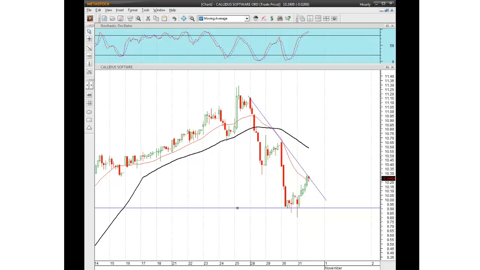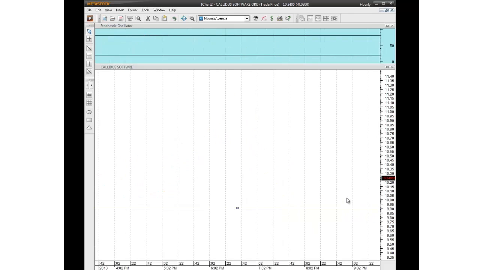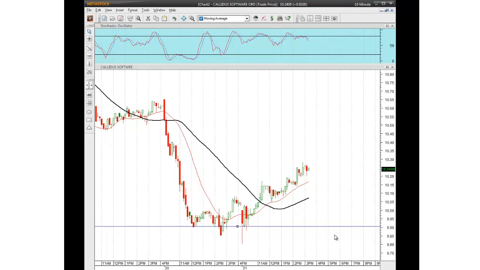Now, if I were to scroll down to the 10-minute chart, I'm going to see something like this. This is that uptrend. Here's that place of support, and we can see that it is quite strong support. We don't have the trend line drawn in just yet, but we do know from the hourly chart that it is coming into a place of resistance.